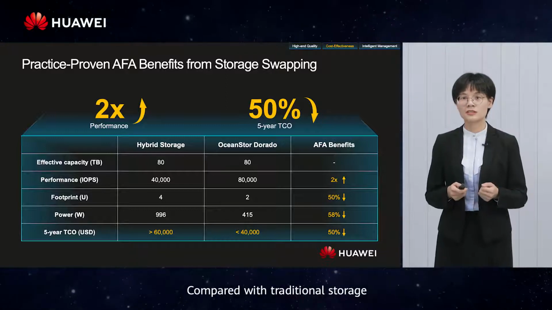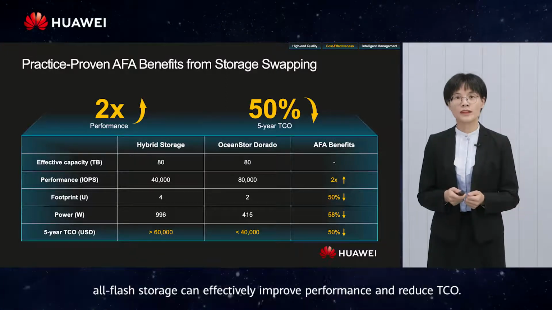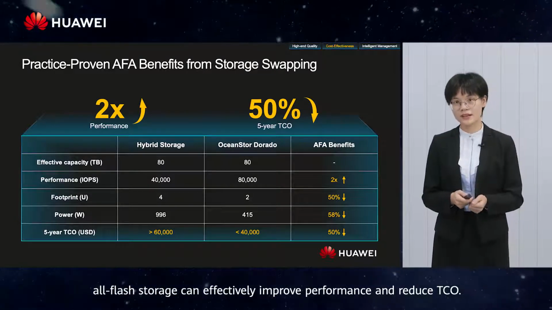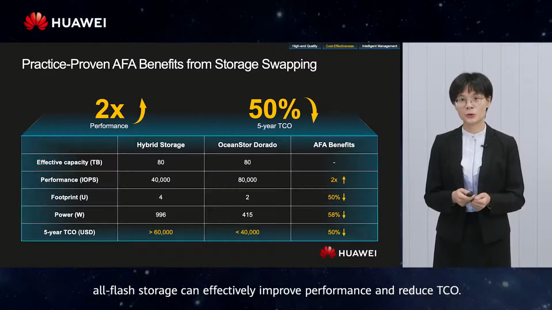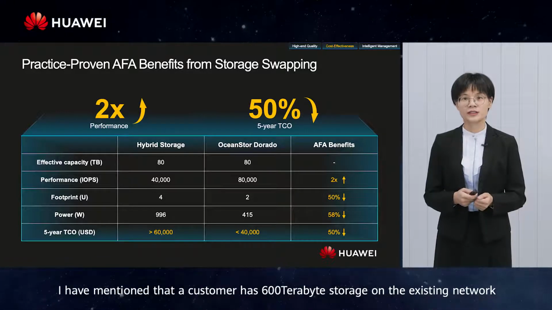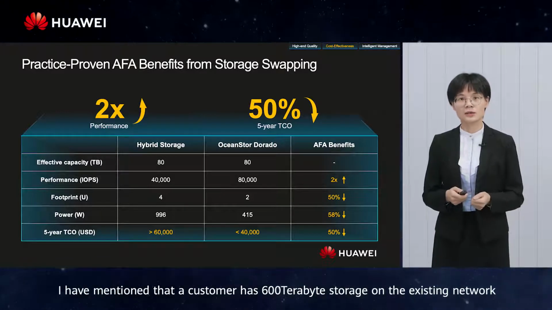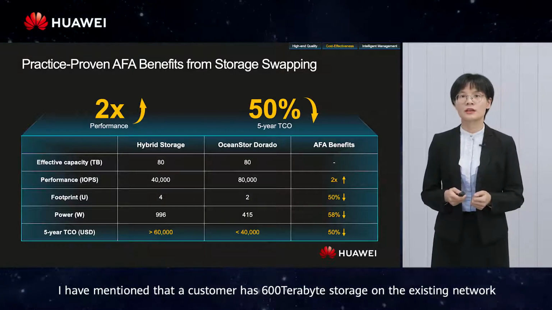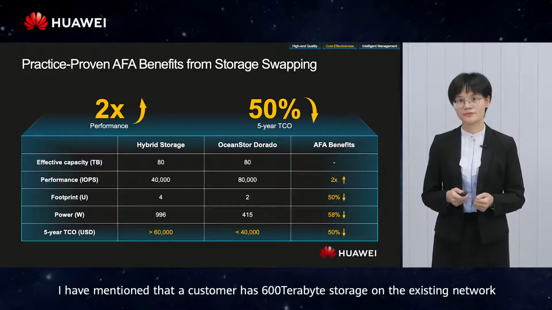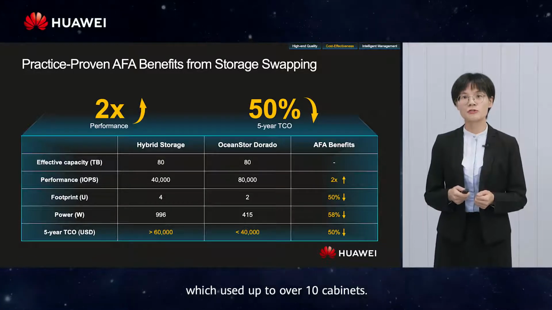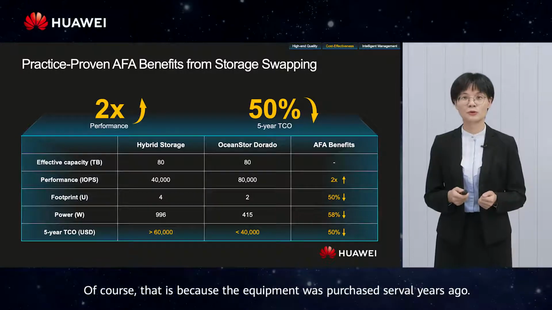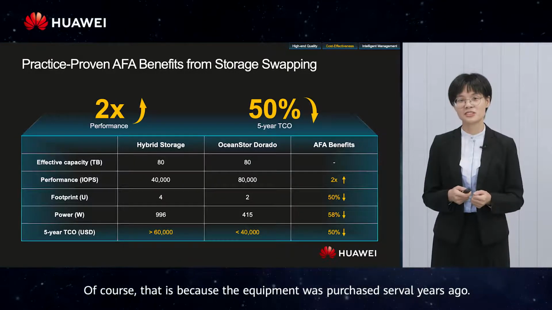Compared with traditional storage, all-flash storage can effectively improve performance and reduce TCO. I have mentioned a customer who has 600 terabytes of storage on the existing network, which uses over 10 cabinets. Of course, that is because the equipment was purchased several years ago.